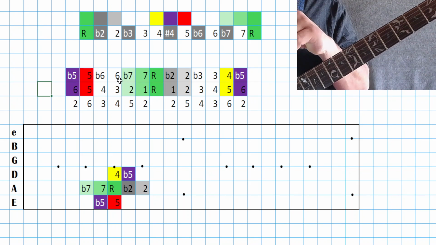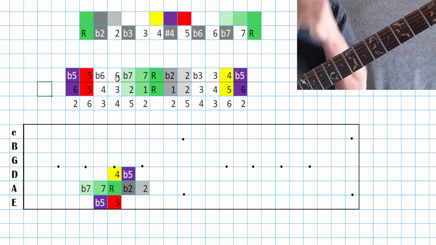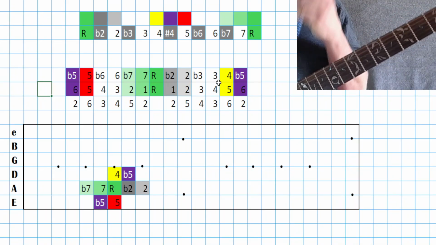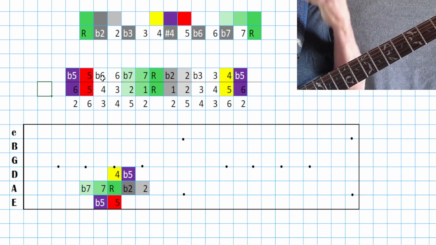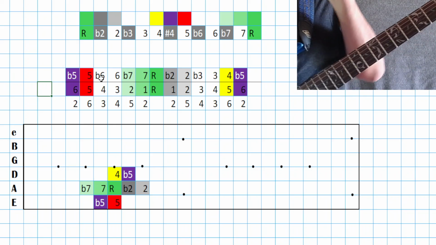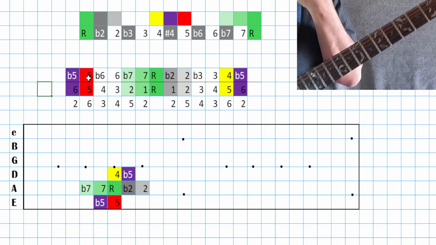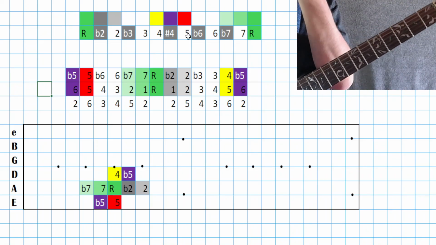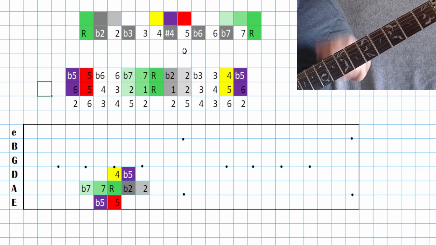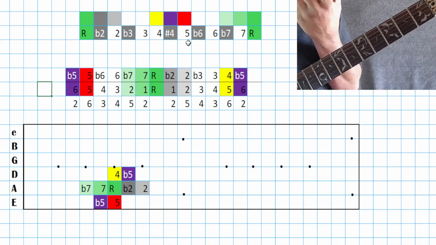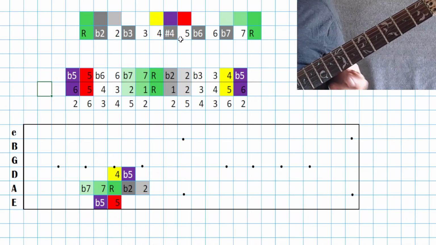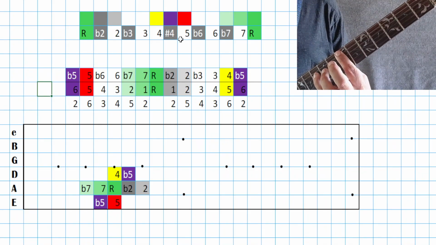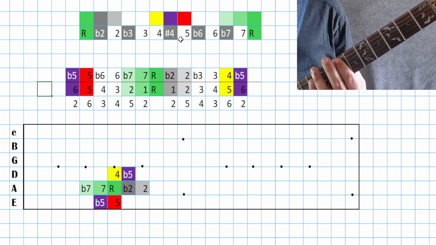So you can see all we've got left are the pair of 6s and the pair of 3s, and you'll see why I didn't call it a sharp 5, even though, as per typical music theory, you're going to be thinking, oh, this is a 5, but this chord has a sharp 5. We need the sharp 5 for this. We need a sharp 5 for that.